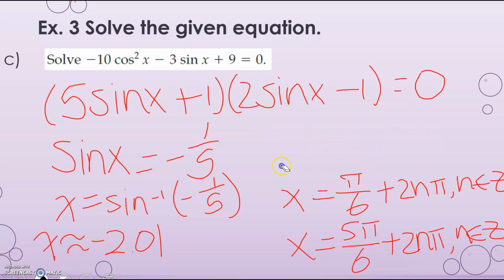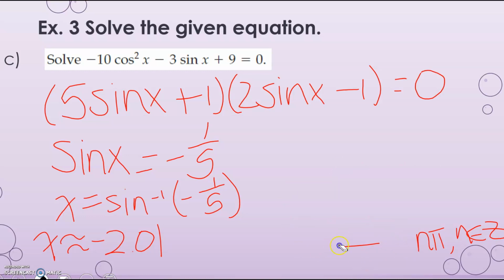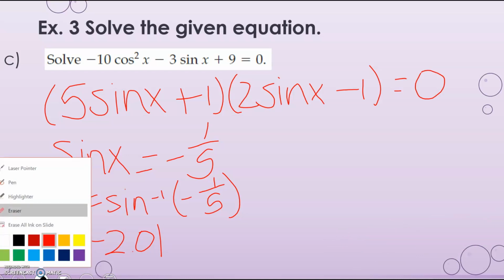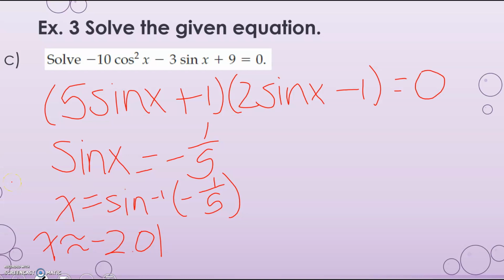Now, as we know, within one period, sine is negative in 2 quadrants, the fourth and the third. For some of these, we might need a little bit of a picture to show us. Sorry, this is a typo.